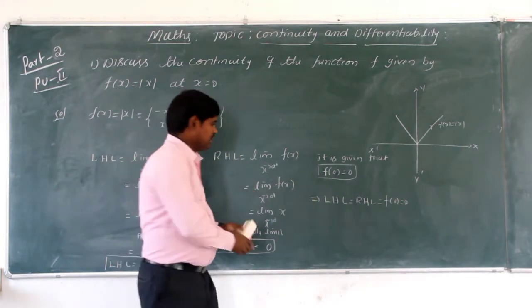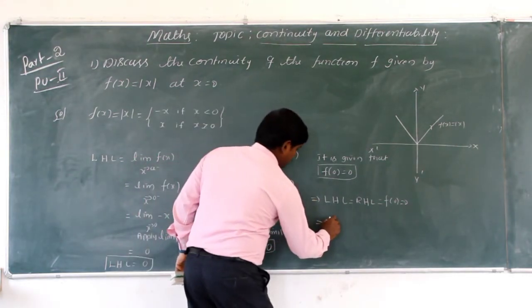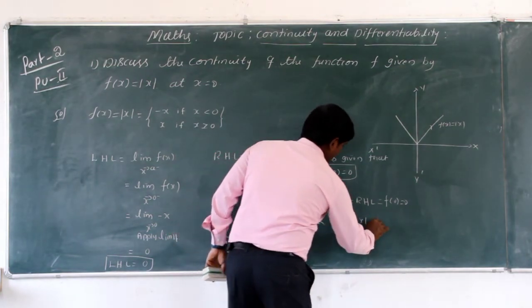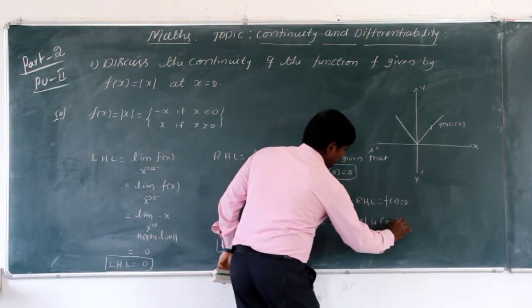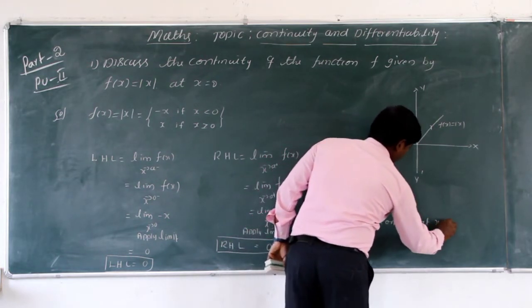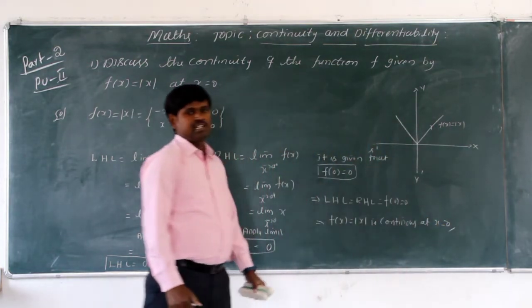This implies the function f of x equal to mod x is continuous at x equal to 0.